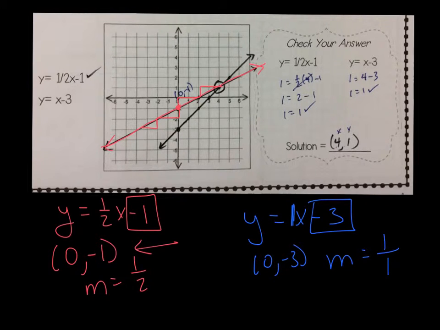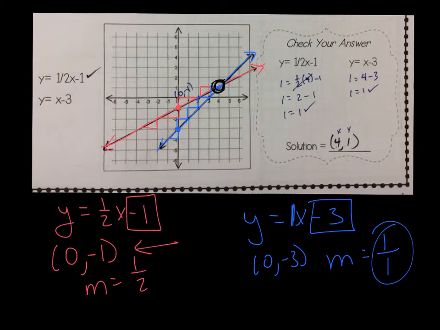Now, the one in blue, we're going to start at 0, -3. And again, it's a slope of 1 over 1. So we're going to go up 1, right 1, until they intersect. I can also go down 1, left 1. But where they intersect is at that coordinate point right there, which is 4, 1.